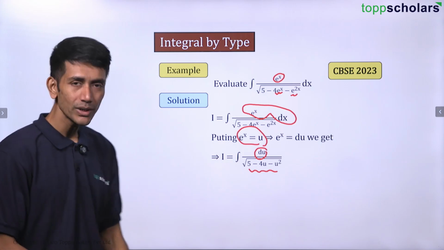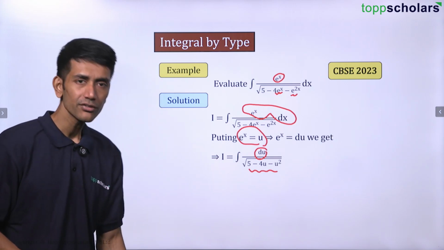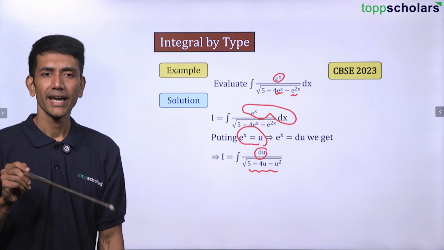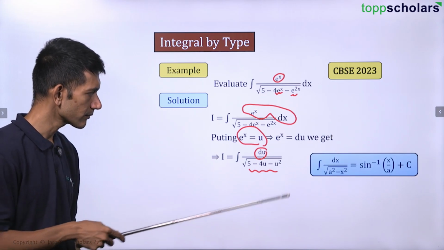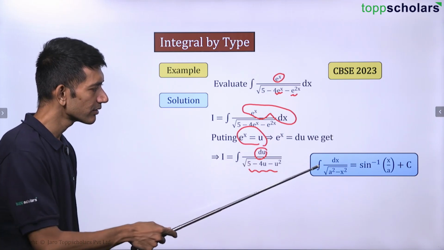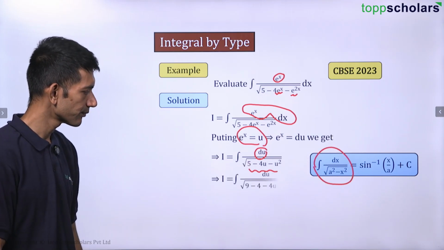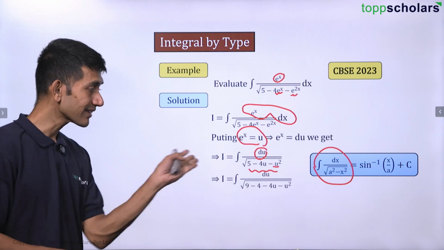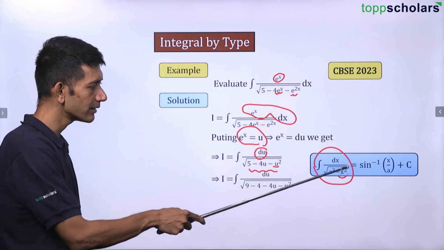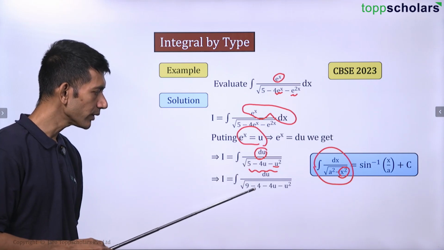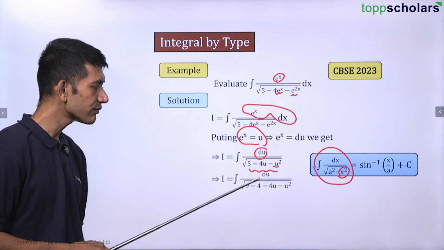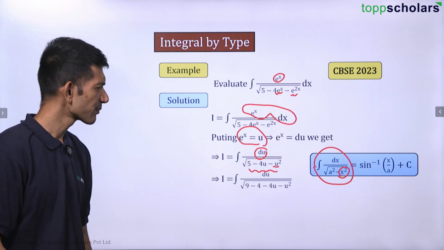So let us try to do that. Let us try to convert this into under root x square minus a square or x square plus a square. But definitely we have minus, so we are going to use this. Now see, u square is coming later. That's why the variable part comes later, constant comes first. So what I'm doing is, here I'm adding 4 and subtracting 4.